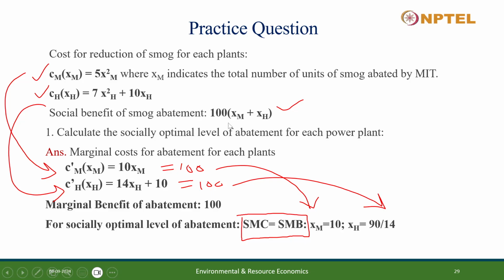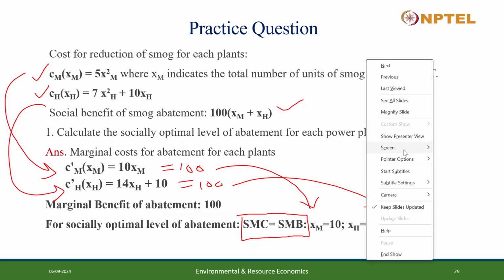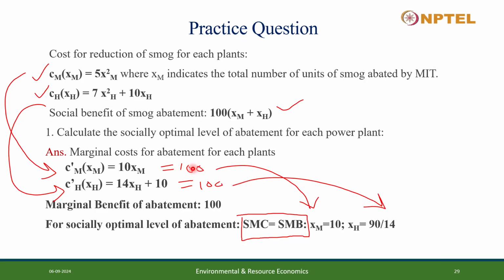The benefit is given as 100 times xm plus xh, and the marginal benefit will be 100 only. So we equate the marginal cost with 100, as when we differentiate this function with respect to xm, we get 100.